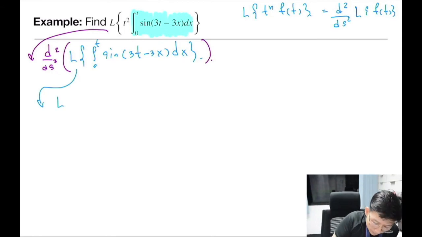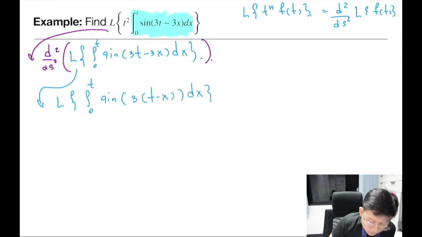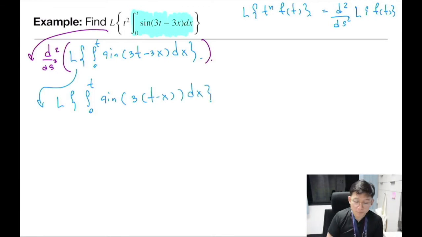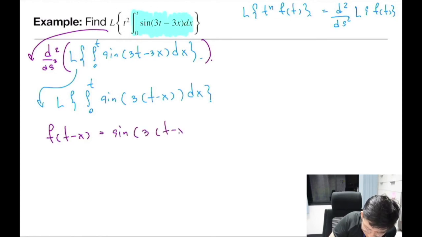This will be the Laplace transform of the integral from 0 to t of sine 3(t minus x) dx. And if I let f(t minus x) be sine 3(t minus x).